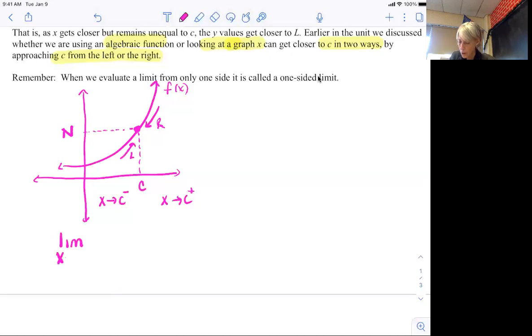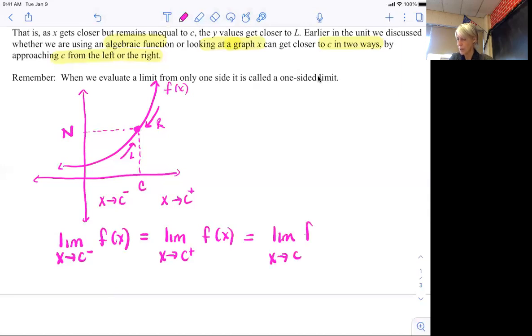The limit as x approaches c from the left of f of x, if that equals the limit as x approaches c from the right, then whatever that number is, if it's the same, that's your answer. That's what we have to remember.